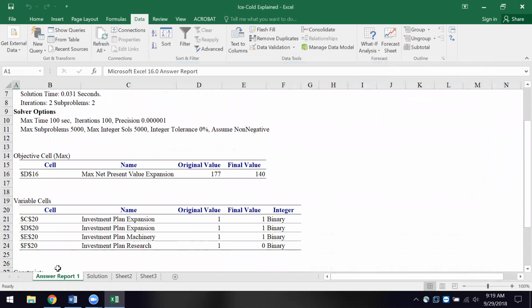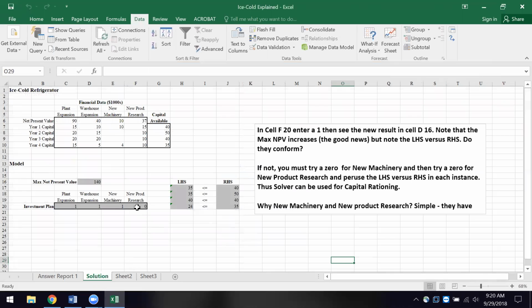When I changed that new research project from a 0 to a 1, in other words, from no go 0 to we'll do it 1, we can see what happened. Our final value went down by 37,000 or 37 million. So we can easily say to ourselves, no, I don't want to do that. So I'm going to make it 0.